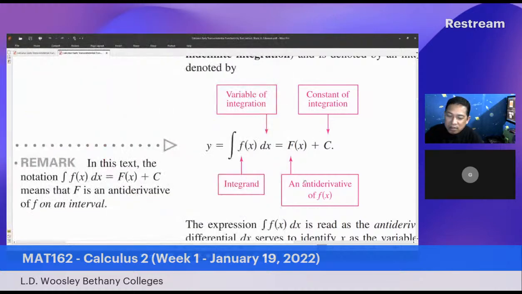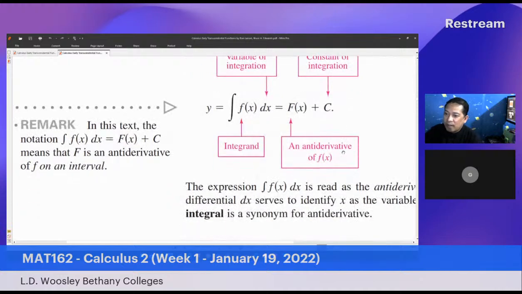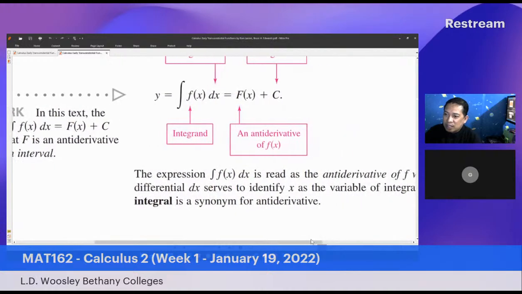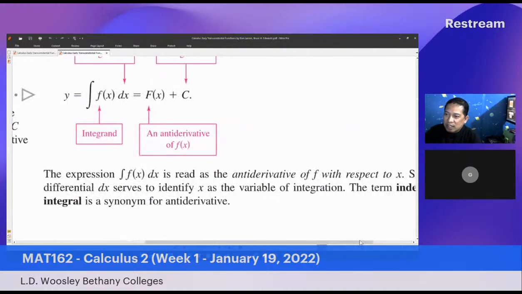So of course, the resulting function would be an antiderivative of f of x. It's not the antiderivative, but an antiderivative of f of x, because we will integrate the constant of integration for general solutions purposes. That's why most of the time we call antiderivative as integral.